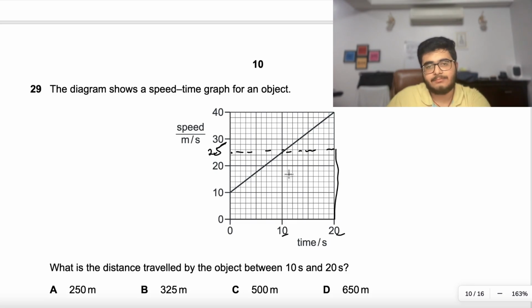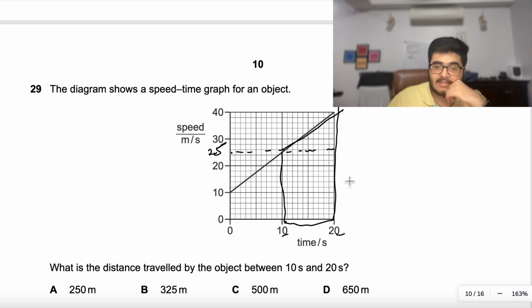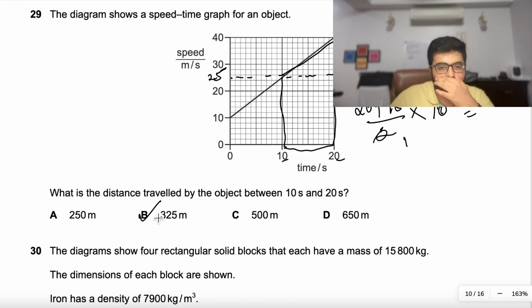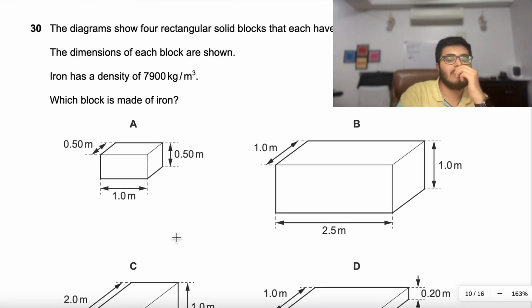So this will not be the case. It is going to be the whole figure, a trapezium. You should know maths: what is the area of a trapezium? The sum of the parallel sides divided by 2, multiplied by the height. So (A plus B) by 2 into H. What is A here? A is 325. Moving on to the next question.